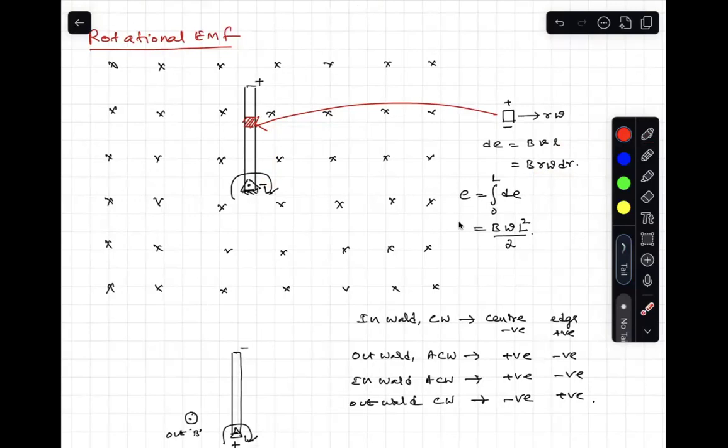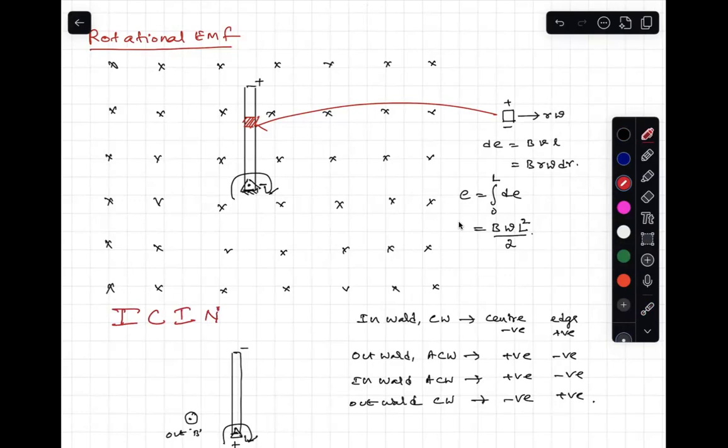Again, here also direction is imparted. Same, if the rod is moving inwards, my lower side is minus, upper side is plus. Here, hinge side minus, the edge side plus, free end side plus. Remember: inward, clockwise, inner end negative.